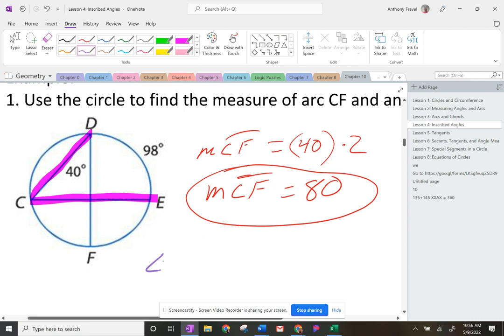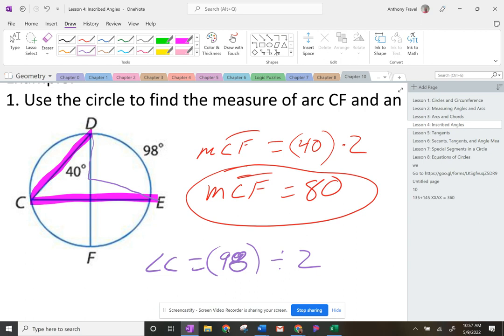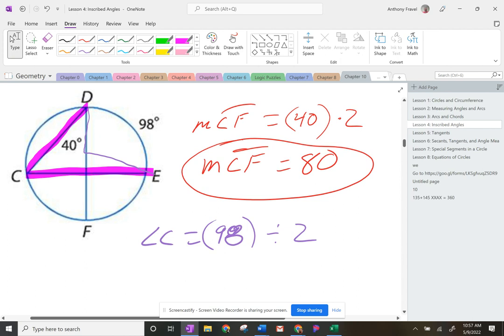I'm going to have angle C equal 98, but because that's just for this portion here, I need to divide that by 2. Because again, if they give you the angle on the outside of the circle, that's just telling you for that central angle, that central arc. If they write it inside the circle, that's usually going to be that opposite. Yeah, it's going to get smaller. So I got 98 divided by 2, which tells me that angle C is going to equal 49.